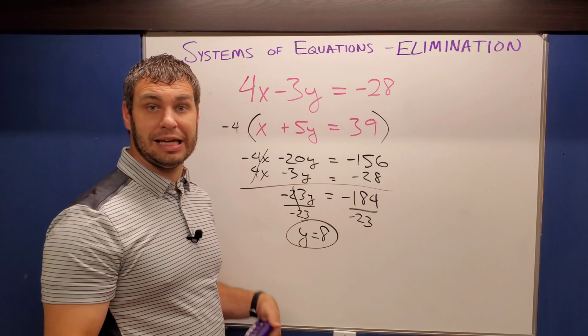So now it's x plus 5 times 8, because I just found it, equals 39. If I do the math, this says x plus 40 equals 39. Subtract 40, and we get x equals negative 1. So the answer to this system of equations by elimination is the ordered pair negative 1, 8, the x first, and your y value of 8.